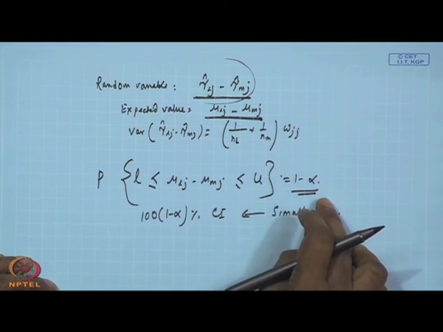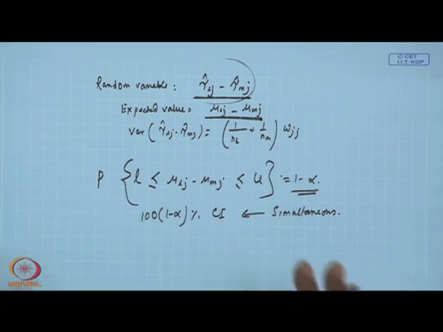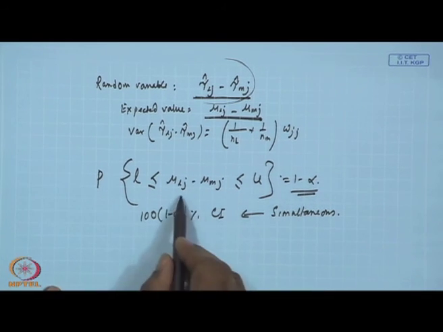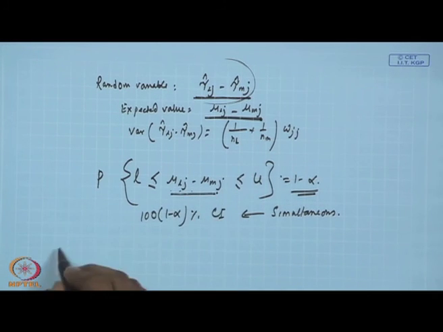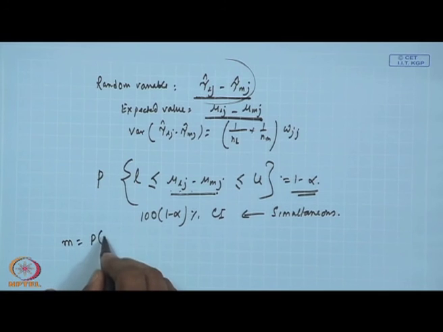In the Bonferroni approach, what happens? It is basically first saying, how many comparisons? That means how many mu Lj minus mu Mj, that is m equal to p L into L minus 1 by 2.